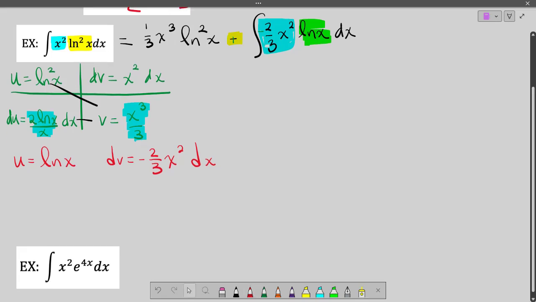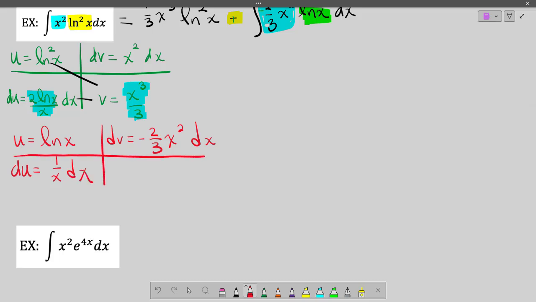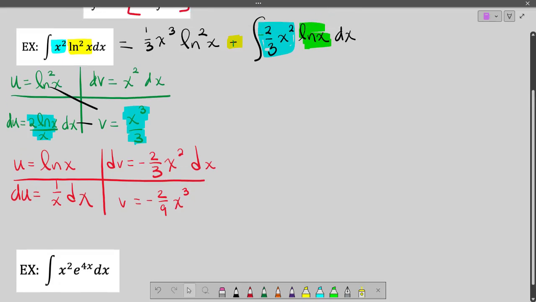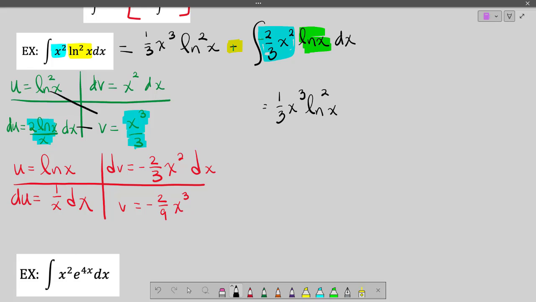Okay. So we're going to do what we normally do. We're going to find the du by differentiating. We're going to find the v by integrating and choosing the constant of integration to be 0. Okay, so that is going to give us this function out in front, and I've changed this to a plus by pushing the minus on the inside, so it's plus.